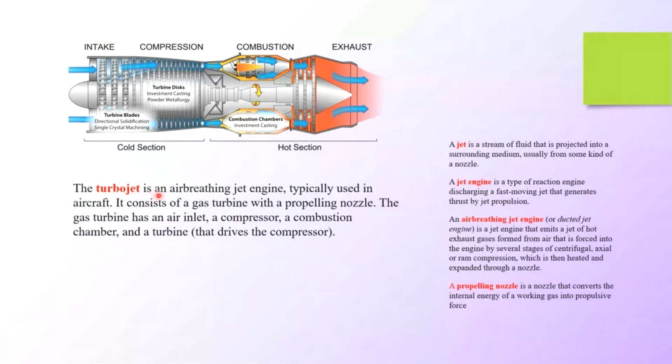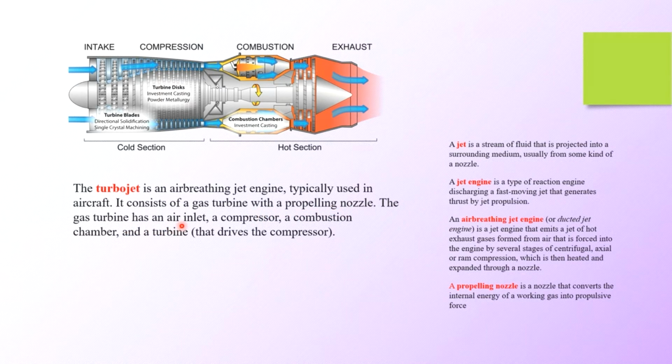The turbojet is an air-breathing jet engine typically used in aircraft. It consists of a gas turbine, which is what we are looking at now, with a propelling nozzle.